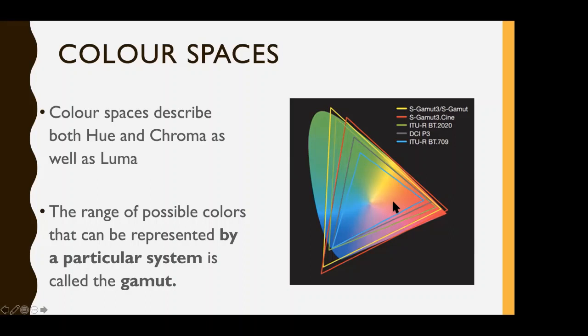People will use the two terms interchangeably, and that is incorrect. Gamut specifically relates to the equipment's ability. It's like the speed limit. The speed limit is Rec.709 or BT.709. That's the gamut, the limit that the equipment can manage. But the actual shape is the color space, if that makes any sense.